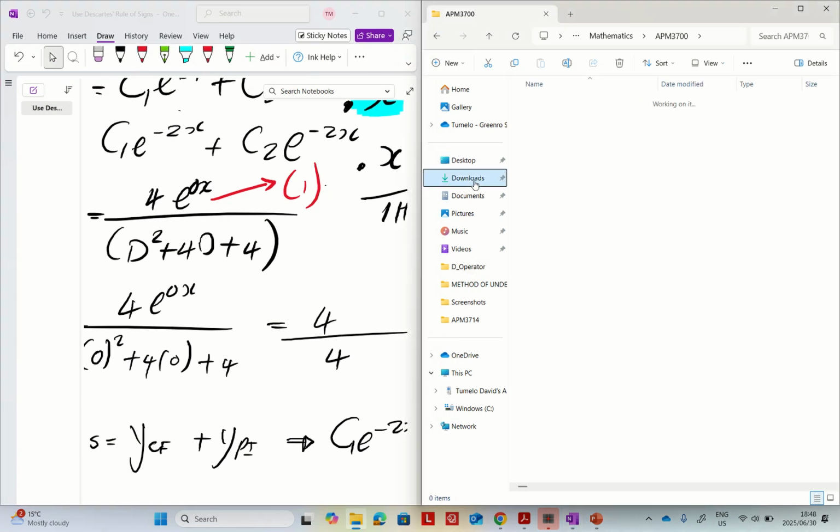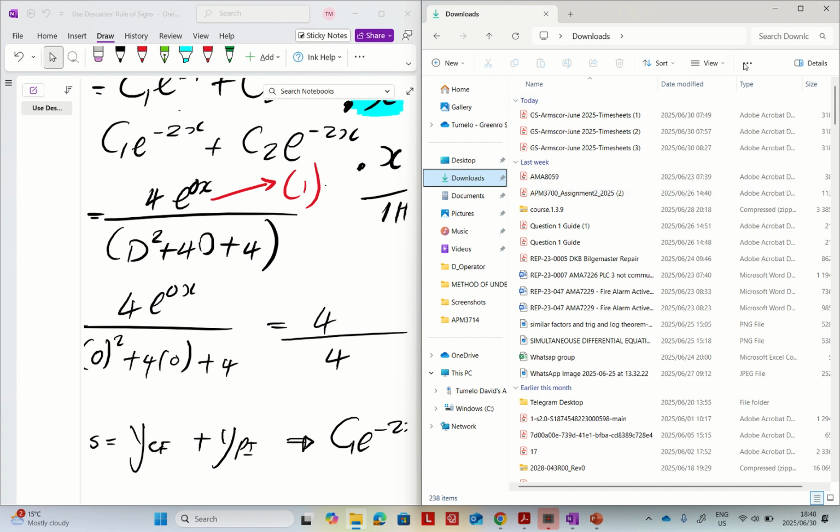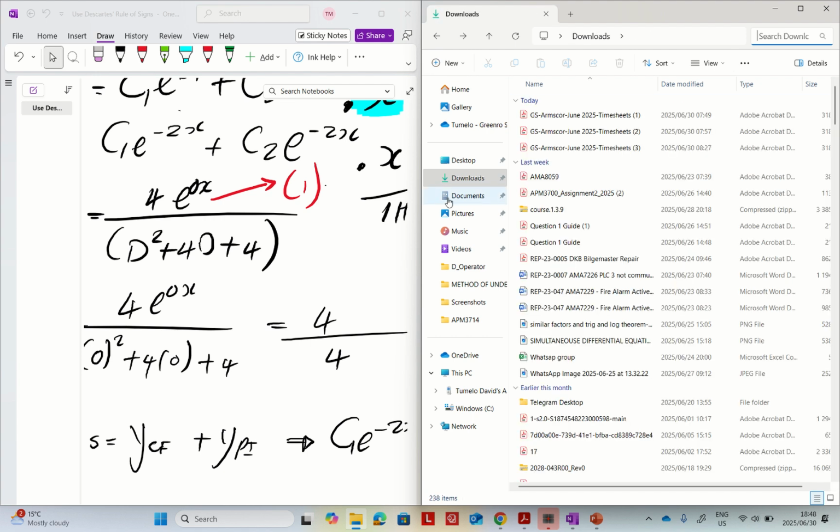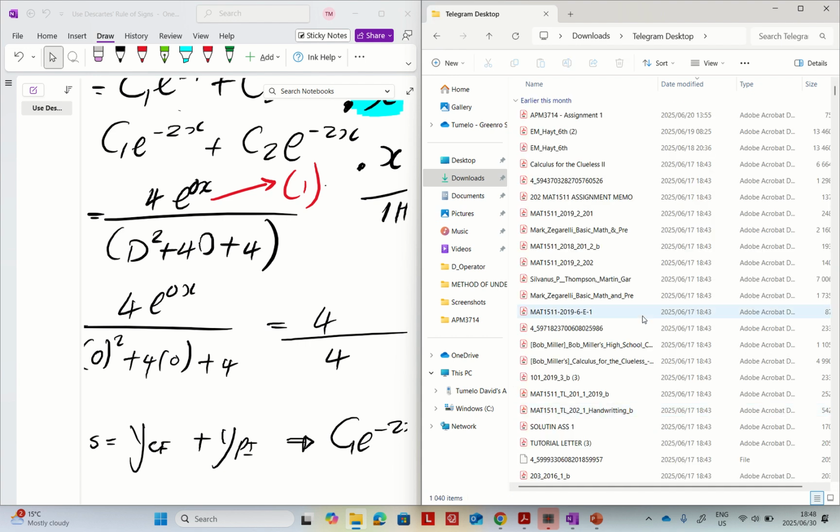Let me show you the theorem in the book so that you can understand it better. I'm going to present the study guide.